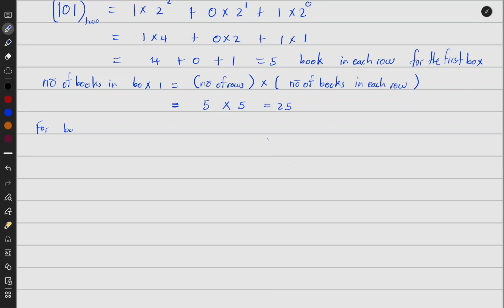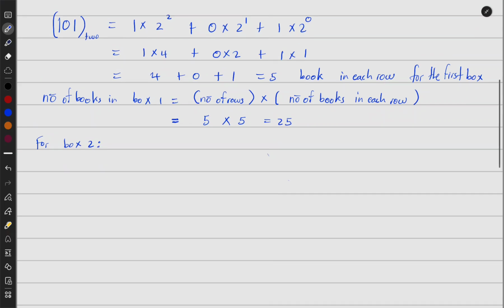So for box 2, I want to convert 21 base 3 to base 10, because base 10 is the one we use to count.